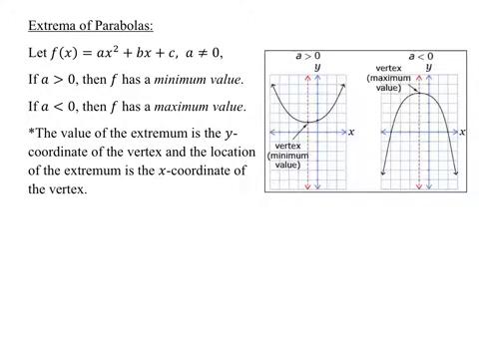In science, you might call a maximum a crest. You've heard the words crest and trough, which just means max and min. So in these problems, I want you to recognize that when A is greater than 0, the graph is going to open up. When the graph opens up, you have a min. When A is less than 0, the graph opens down. Therefore, you have a max.